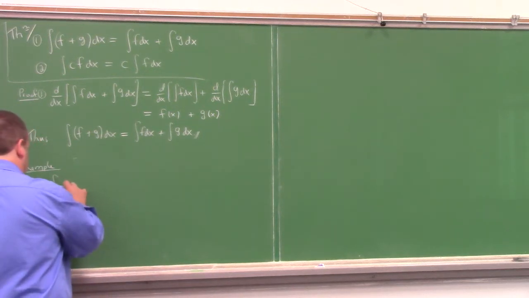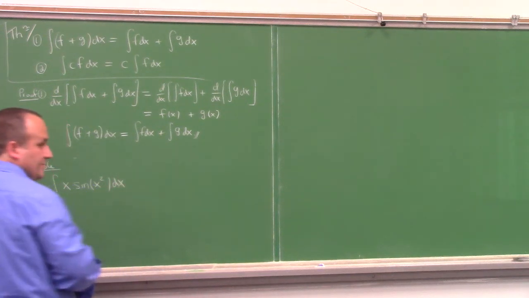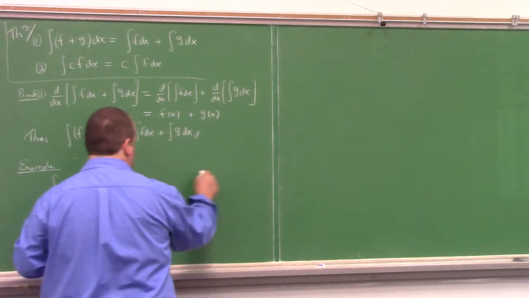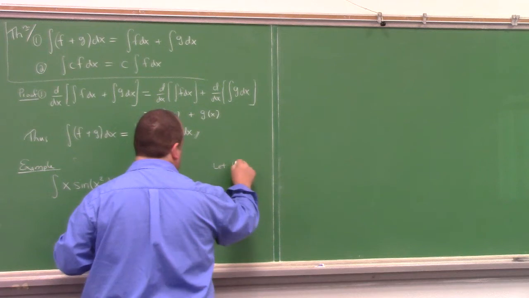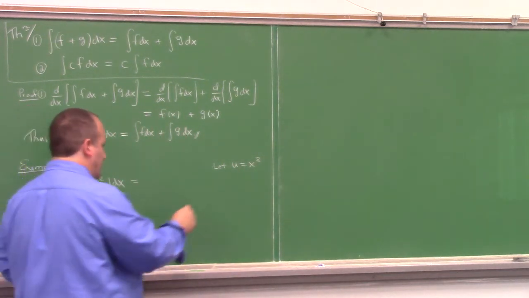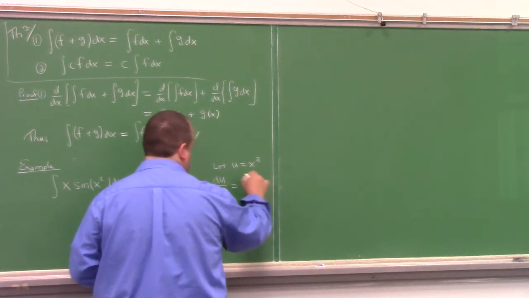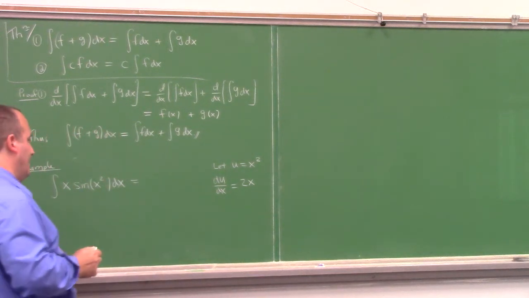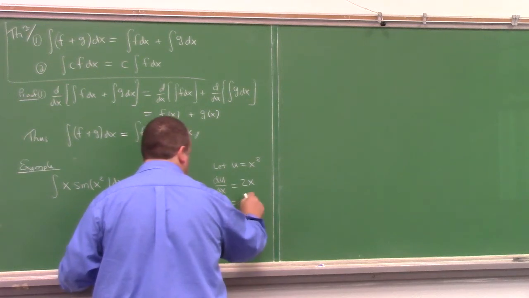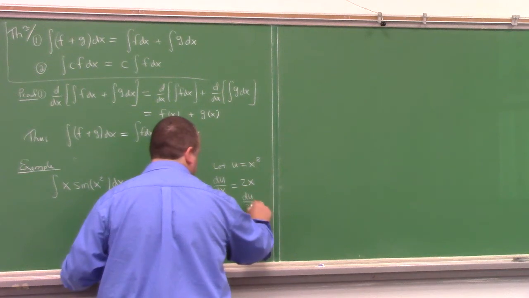If we had x sine of x squared, and you wanted to calculate that indefinite integral, you make a substitution. You let u equal x squared. And then, well, du/dx is what? It's 2x in that case, right? And then you just literally solve for dx. dx is equal to du over 2x, right?